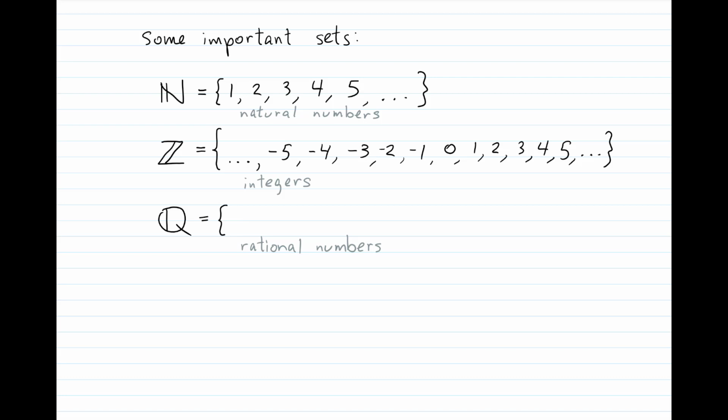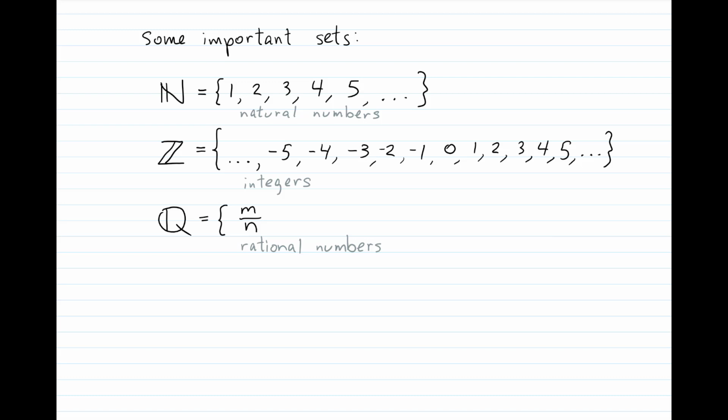I'm going to write it my way, and then I'll also write it the way that it is in the book. So here's what I would write for rational numbers. What do they all look like? They all look like integer over integer, right? Except the bottom integer can't be 0. So I can write this, m over n.